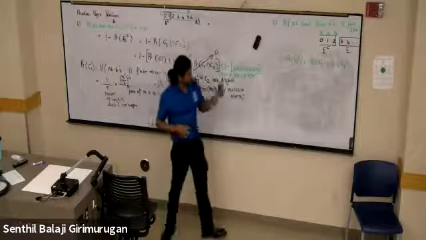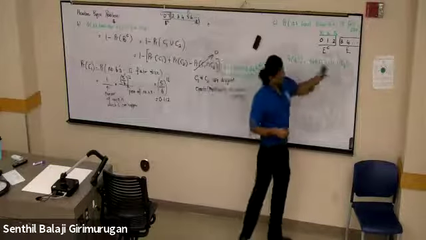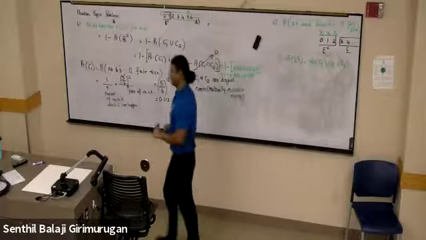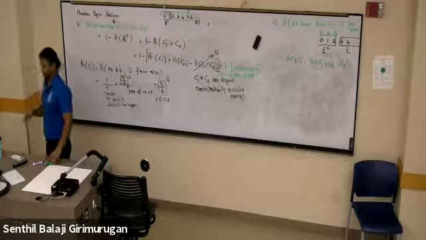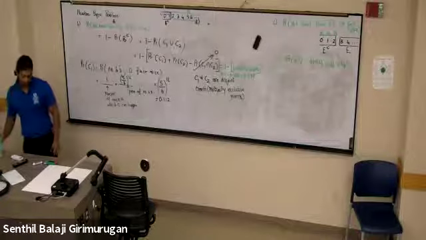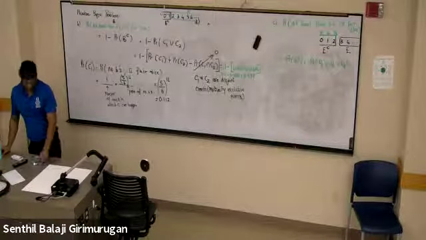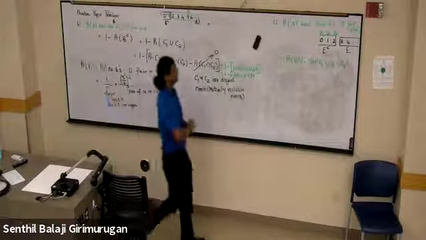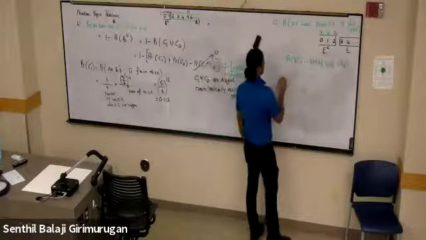So union. What rule should we use to find that probability? Addition. Addition rule for 3 events.